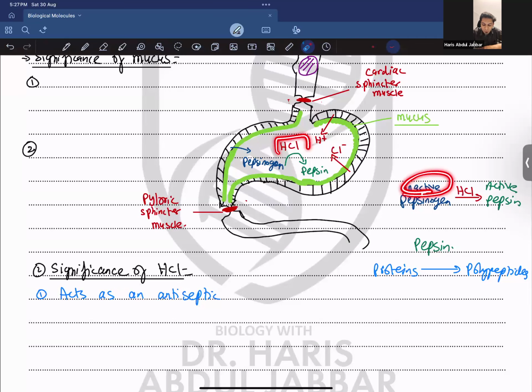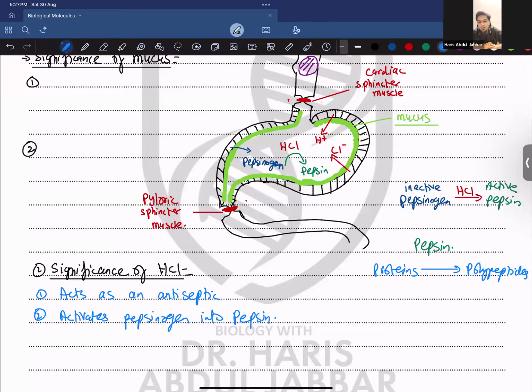Only in the presence of HCl, this pepsinogen is converted into active pepsin. And what does this pepsin do? It breaks down the proteins in the food into polypeptides, right? तो HCl की दूसरी significance क्या हो गई? That it activates pepsinogen into active pepsin. All right.